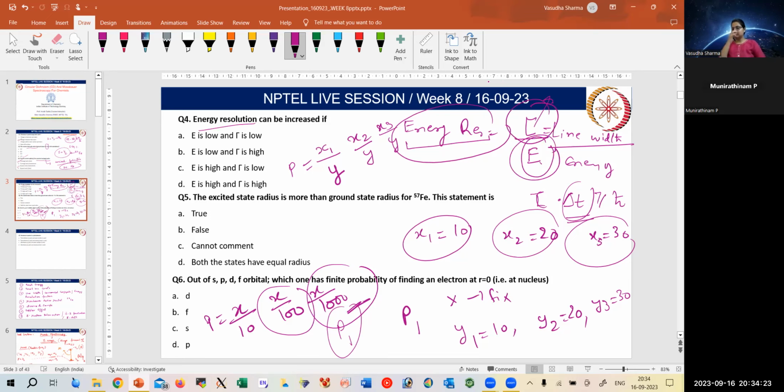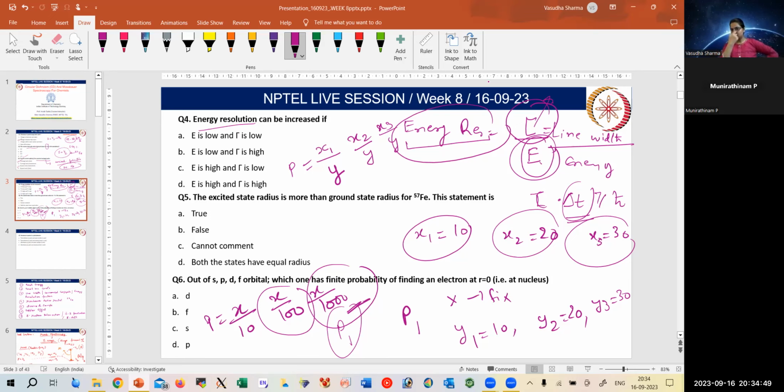So which option is correct now? I've given the answer also. E is high, tau is low, ma'am. Again, you are reversing the situation. If E is high, that is the denominator. How would your energy resolution be more?